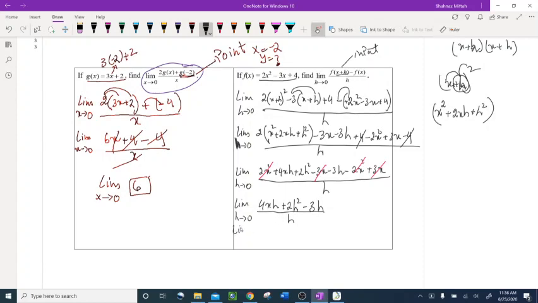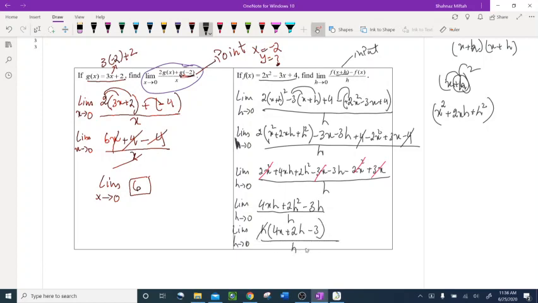In this case, my common factor, I always try before I do a quadratic factor or any other factoring, any cubic function, any quadratic function, before I do anything, I try common factor first. So my common factor is h in this case. So I have h times 4x plus 2h minus 3, and I have h in the bottom.